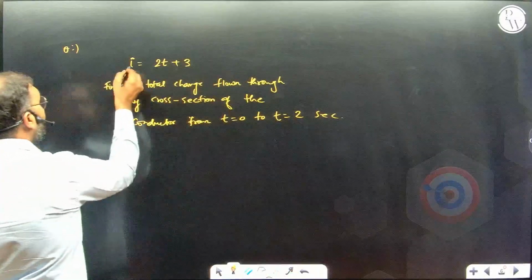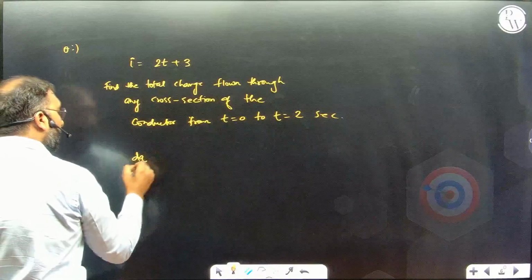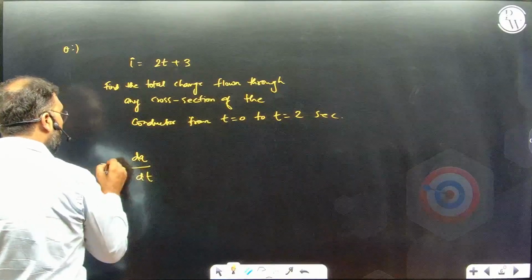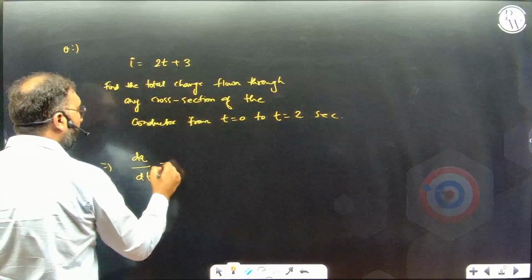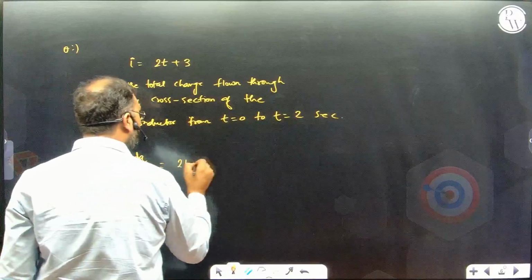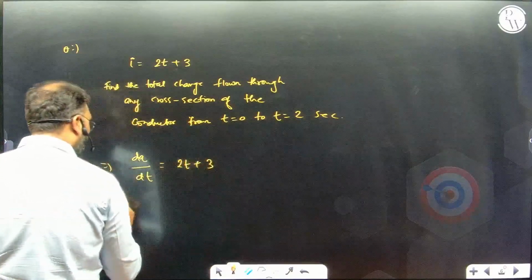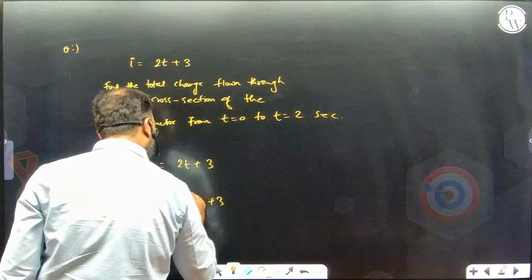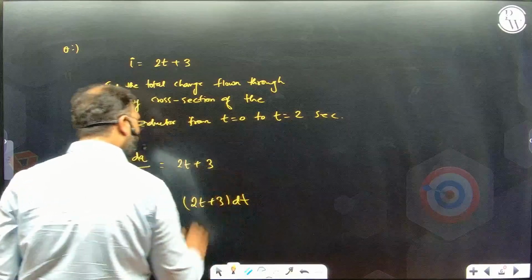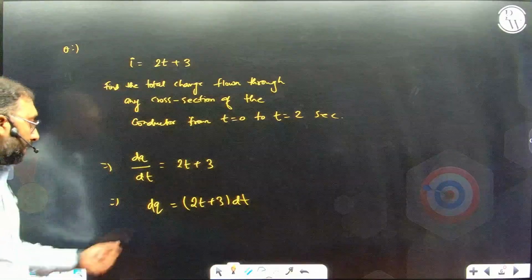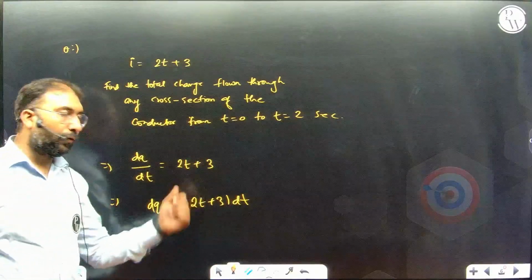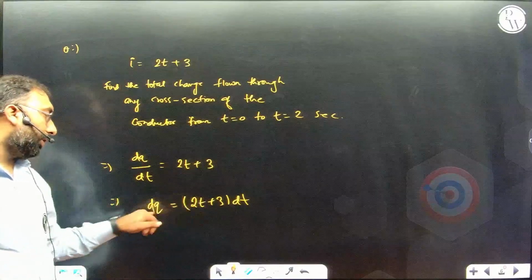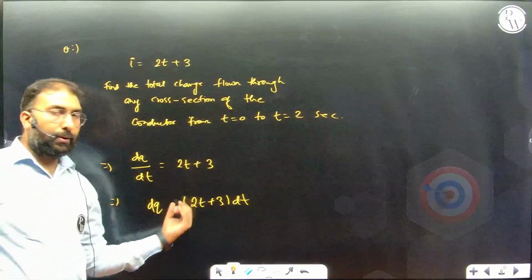So I know that the current can be written as dq by dt. So I have written I as dq by dt from our definition, and this is 2t plus 3. From here we can say that dq equals 2t plus 3 into dt. Now we can see that this charge is a function of time, and this is in the differential form, and we know the value of dq here.